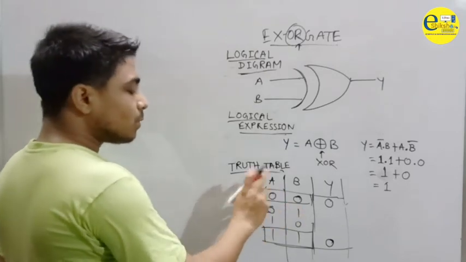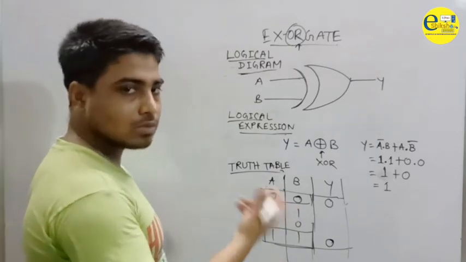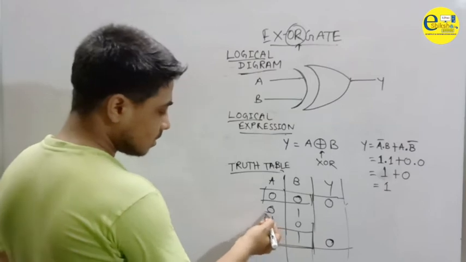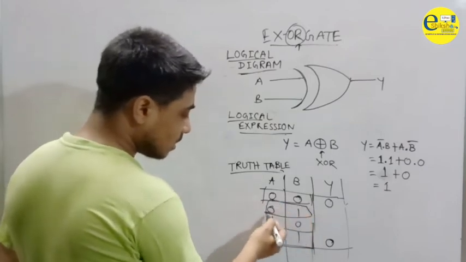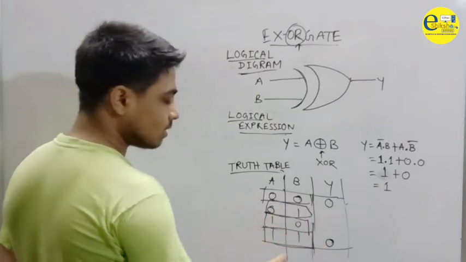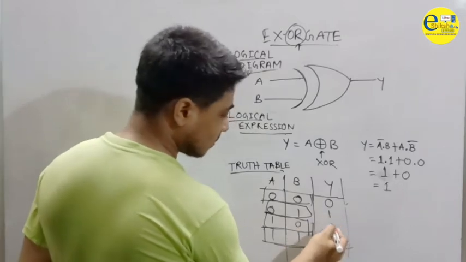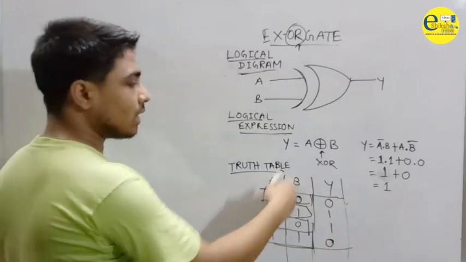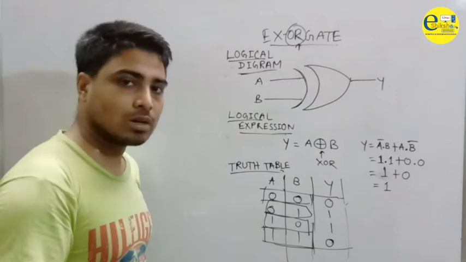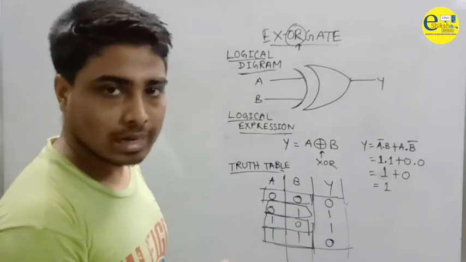And if the two inputs are different, meaning one is 0 and one is 1, the output will be 1. You can also put these values into the expression to get the output. That is up to you, how you calculate it.